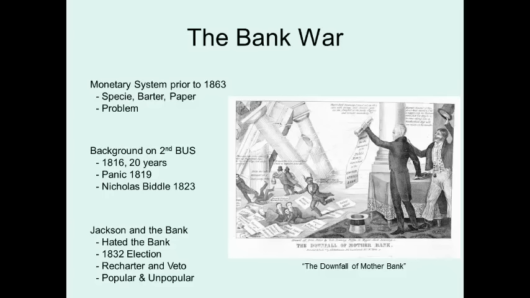So after Jackson was re-elected, he decided he didn't want to wait 4 years for the bank to go out of business. Instead, he sets out to crush it by removing all the federal deposits from this bank. And once all the federal deposits were removed, it effectively put the Second Bank of the United States out of business.